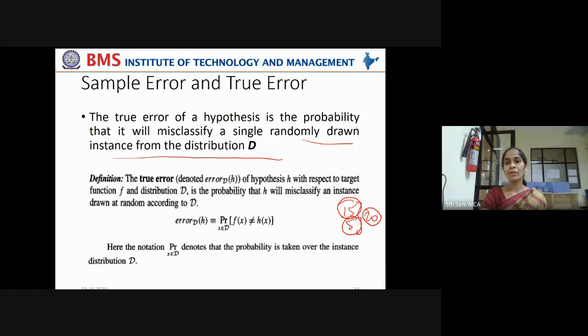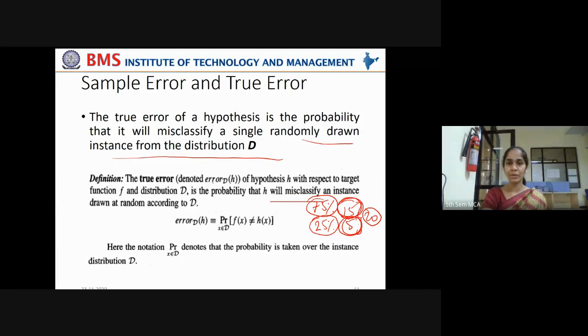Out of that, 15 data points it predicted correctly and 5 data points it predicted wrong. Now we say that the true error of that particular machine learning model is 25% because it is showing only 75% accuracy. Got it? So now you understand the definition of true error.